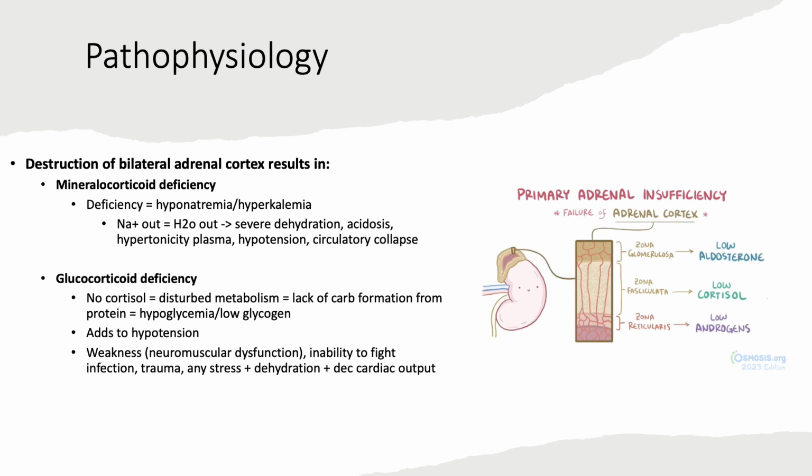So now we have insufficient carbohydrate from our proteins, and we can't reach those glycogen reserves. And then we're having neuromuscular dysfunction, weakness, and we're going to be at risk for infection and cardiovascular failure, basically.